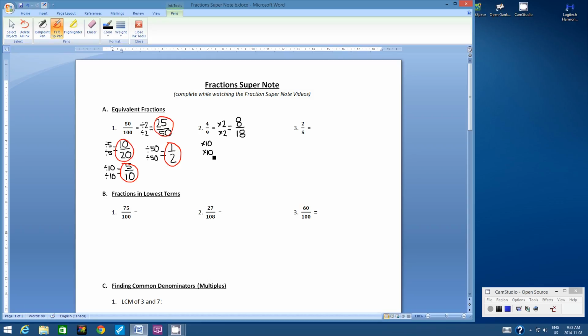What if I multiply the numerator and the denominator by 10? So please work this out. So hopefully you came up with 40 for the numerator. 4 times 10 is 40. And for the denominator, we have 9 times 10, which is 90.